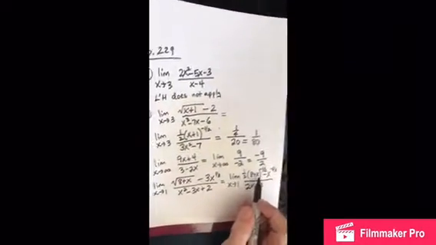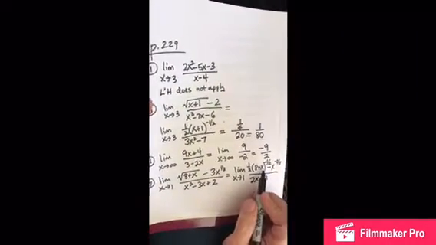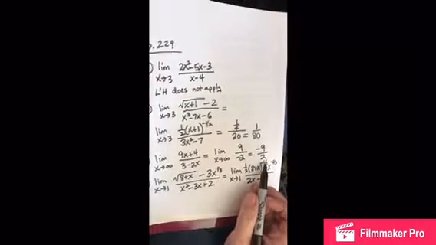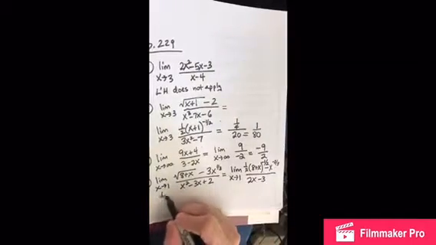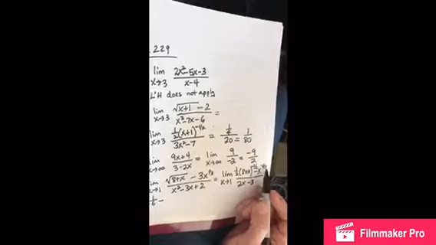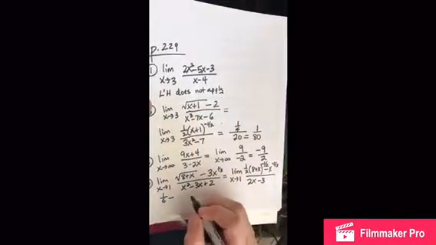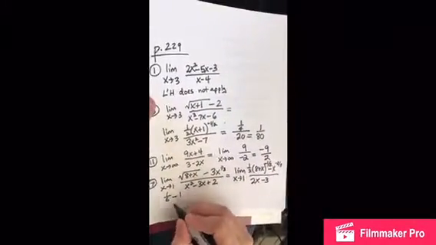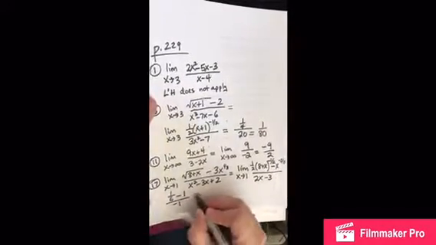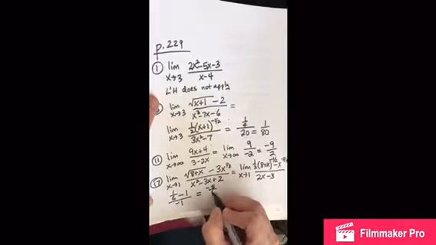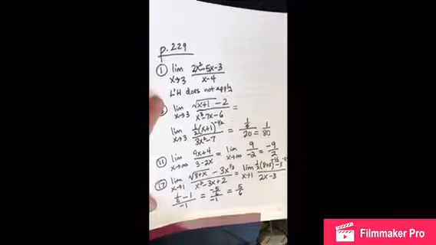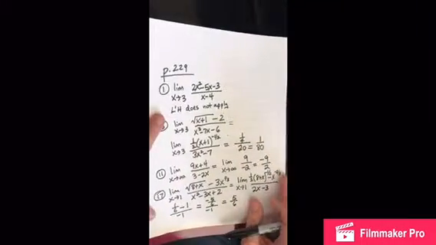So if we put the 1 in there this time, in the numerator we'll have 8 plus 1 is 9, square root of 9 is 3, 3 to the negative 1 is 1/3, times 1/2 is 1/6, and then the cube root of 1, well, 1 to anything is going to be 1, so that's going to be minus 1. In the denominator, 2 times 1 is 2, minus 3 is negative 1. So we'll have negative 5/6 over negative 1, which is 5/6. So that would be evaluating the limit using L'Hopital's for number 17.